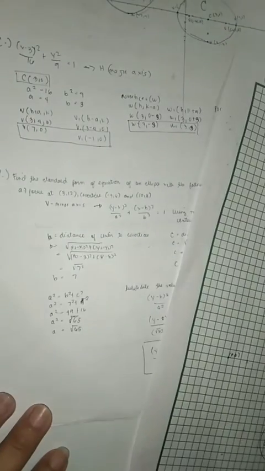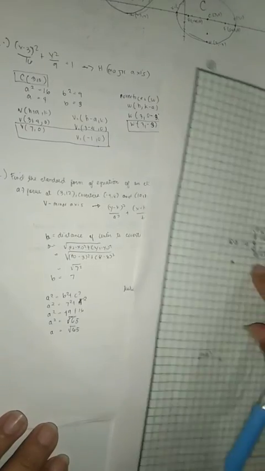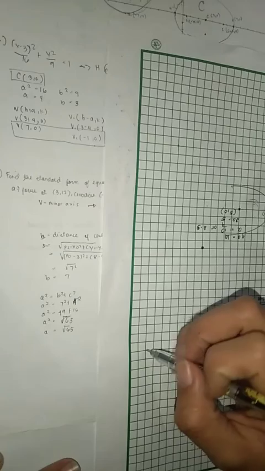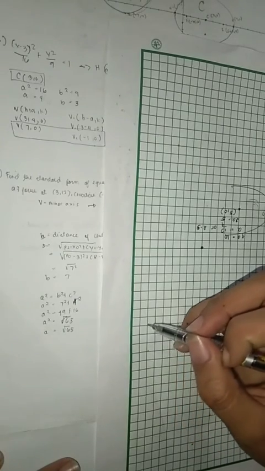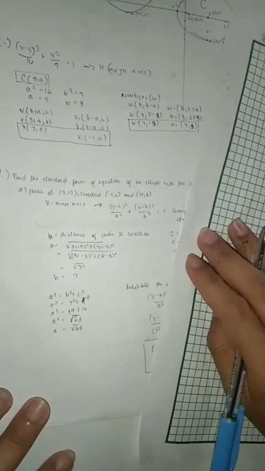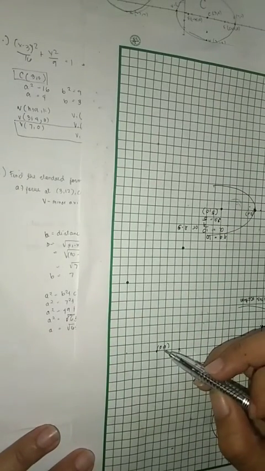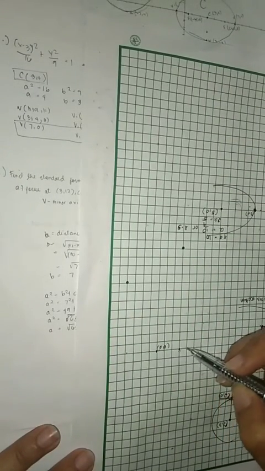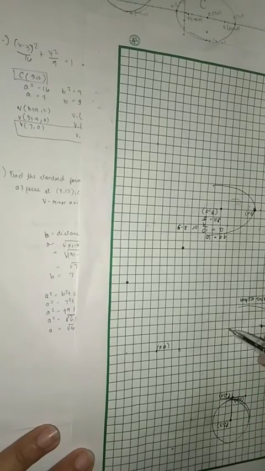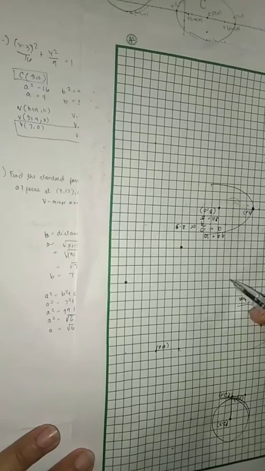That is the focus. Co-vertex is negative 4, and 8. 1, 2, 3, 4, 5, 6, 7, 8. And (10, 8). 1, 2, 3, 4, 5, 6, 7, 8, 9, 10, and 8.